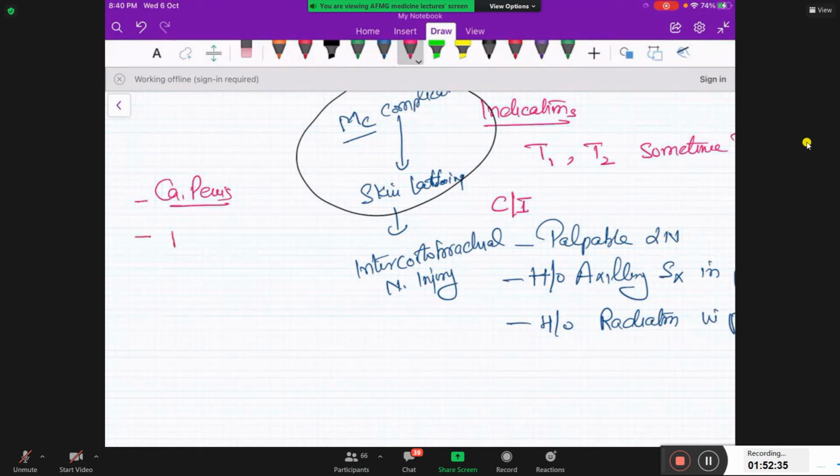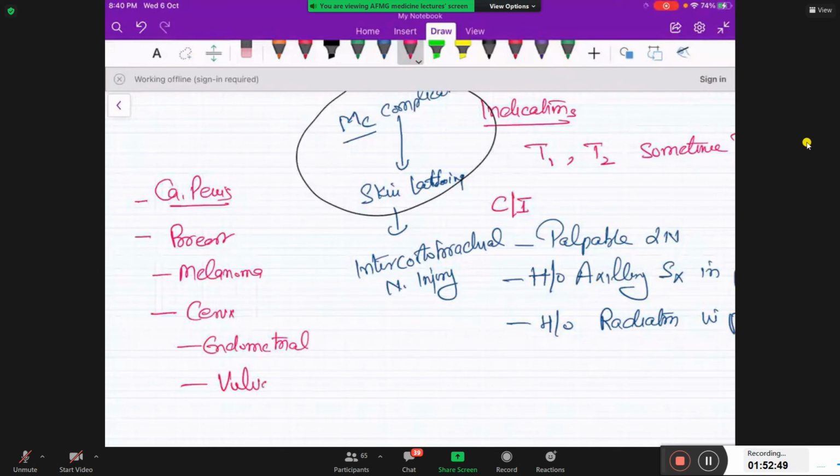Penis, breast, melanoma, cervix cancer, endometrial cancer, and vulvar cancer. These are the malignancies where a sentinel lymph node biopsy concept is now a valid concept.